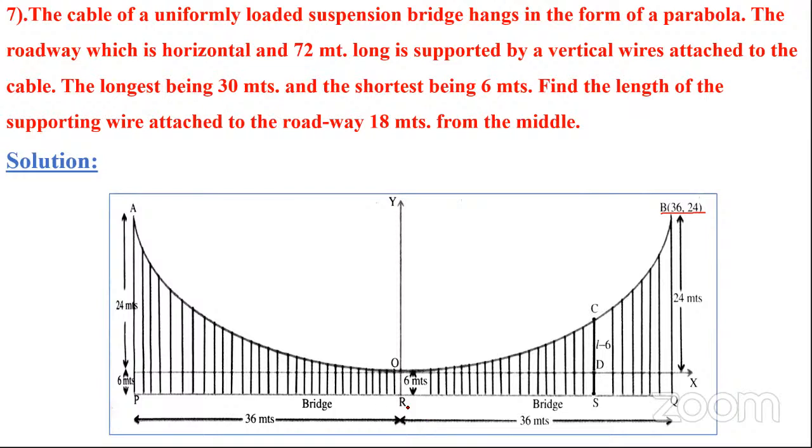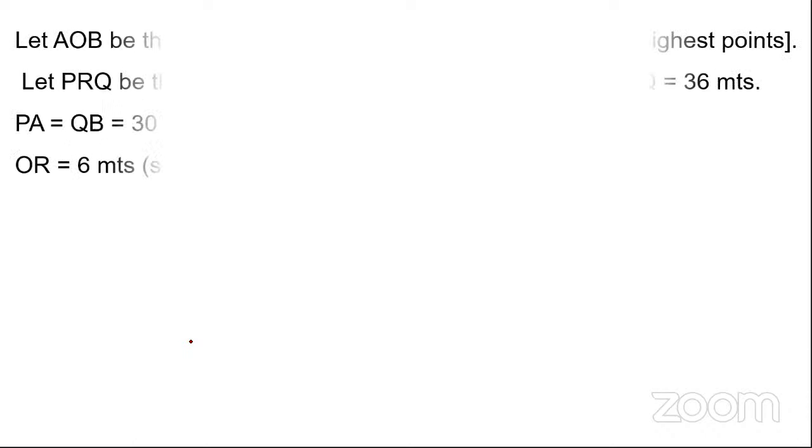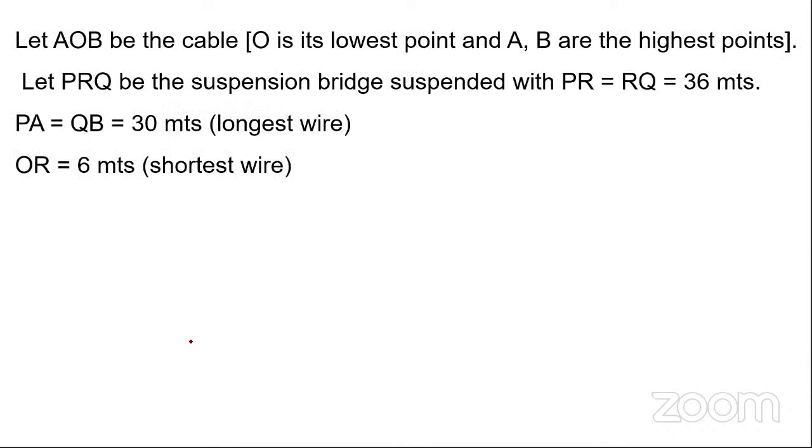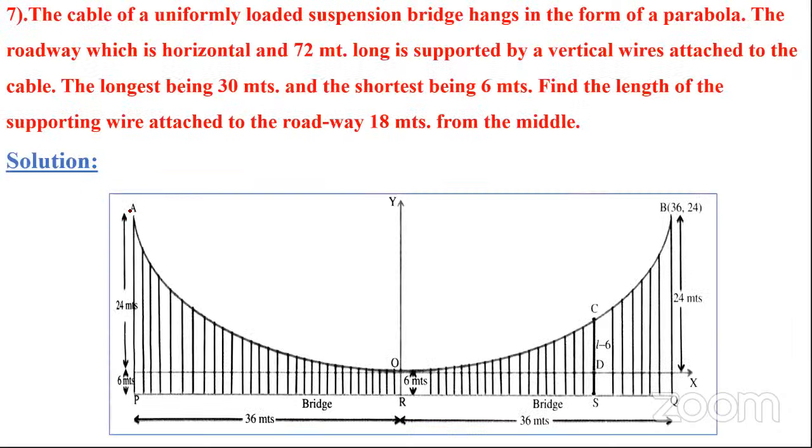How do we get 36? The length on the x-axis is 36, and the 24 is what I'm taking here. This is 36 and this is 24. Okay. Then next we are going to solve this one. So let AO be the cable. See this, this AO is the cable. Okay. Next.